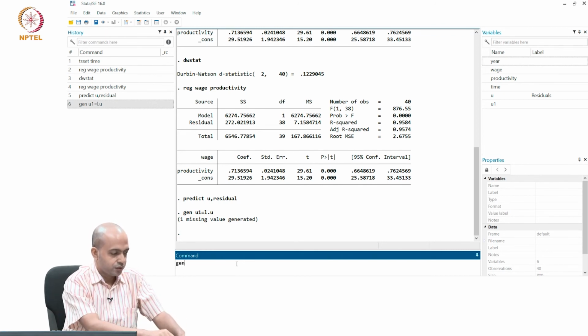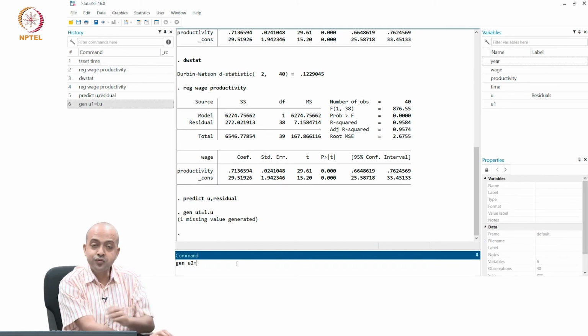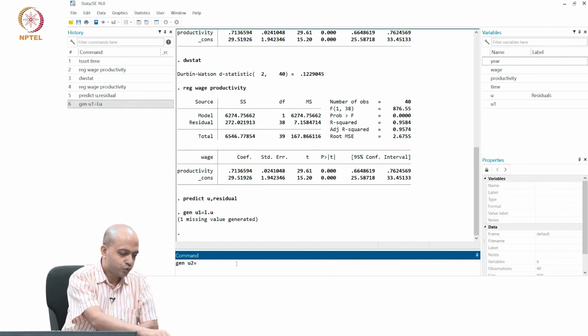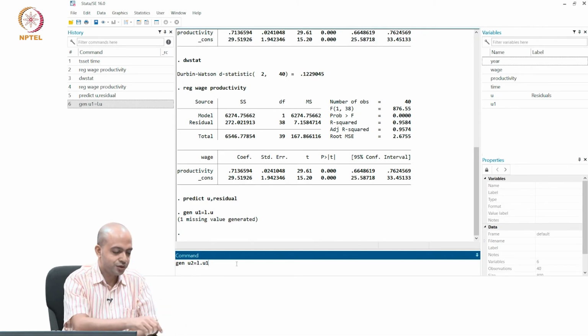Similarly, I am putting u2 for the second order lag, and what would be the command for this? If you apply your common sense, you have already generated u1, that means ut minus 1 hat. Now, how will you get ut minus 2 hat? Simple, put L dot u1, that is all.